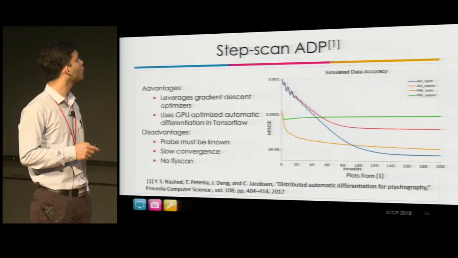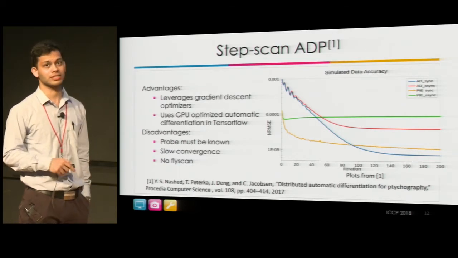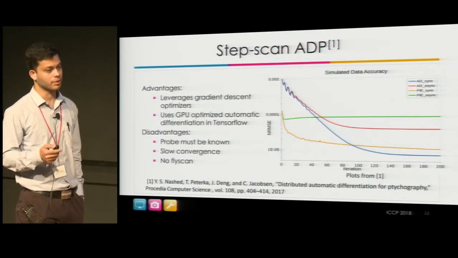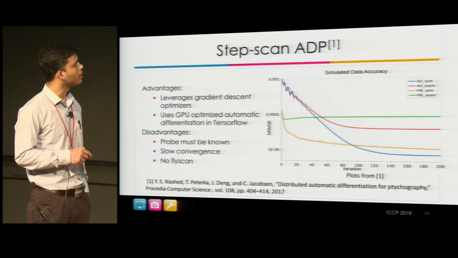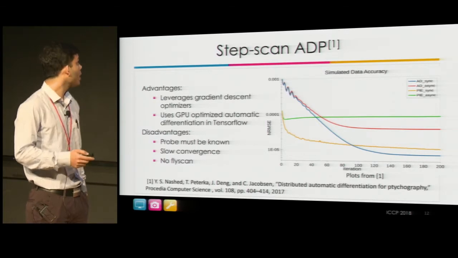They show that, since they leverage the power of gradient descent optimizers, in this case Adam, and a GPU which is optimized due to the TensorFlow framework, they can get better accuracy, or a lower reconstruction error. In this case, the blue and the red are the AD algorithms, and green and yellow are the PIE algorithms, and it worked well.